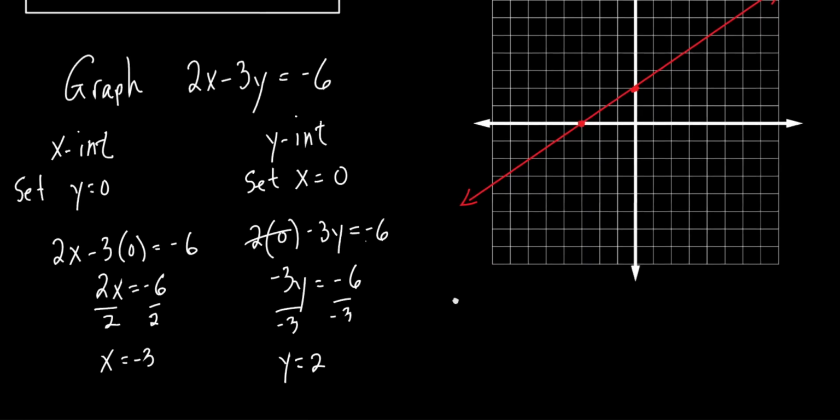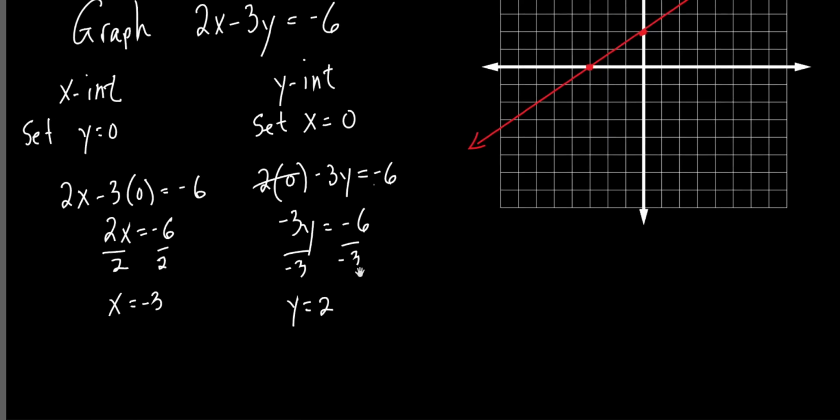Let me just do this real quick. I'm being a little bit picky, but that's okay. What is the actual x-intercept? Like, what's the point? Let's do this in a different color. What's that point right there? Right, it's negative 3, 0.